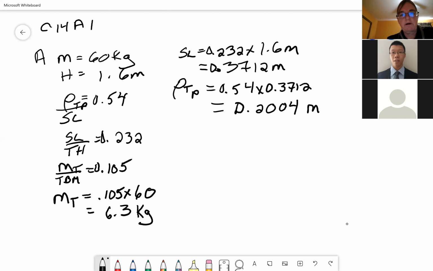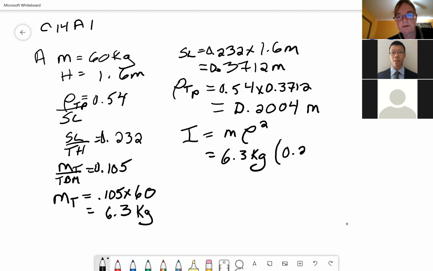And so our moment of inertia is going to equal mass times radius of gyration squared, which is 6.3 kilograms times 0.2004 meters, all squared, which is 0.25.